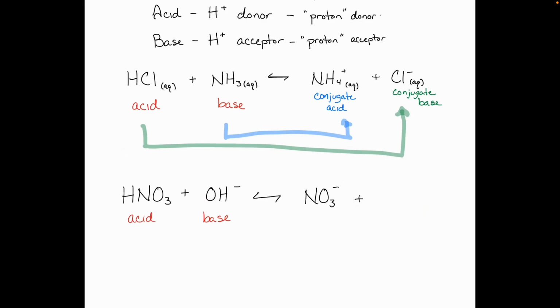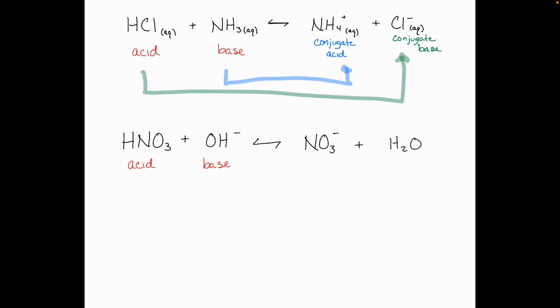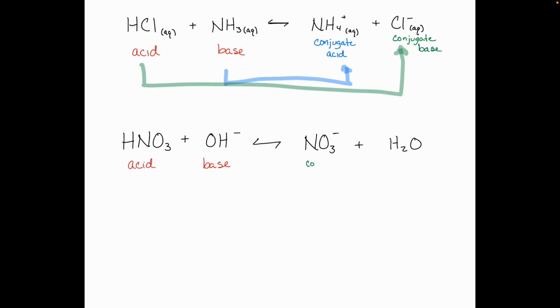So then take a second and label your conjugates, your conjugate acid and your conjugate base. Right, in this case, my conjugate base is going to be that nitrate ion.